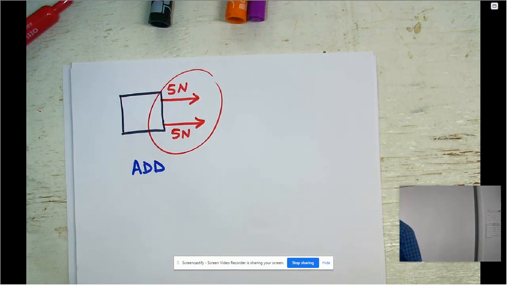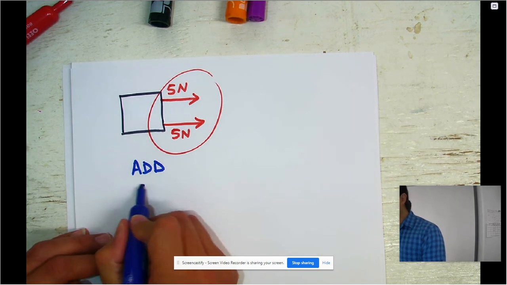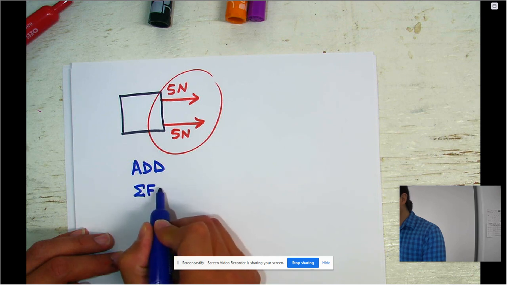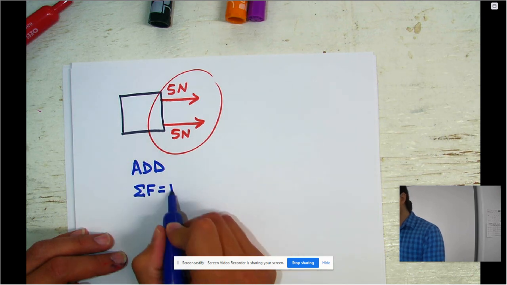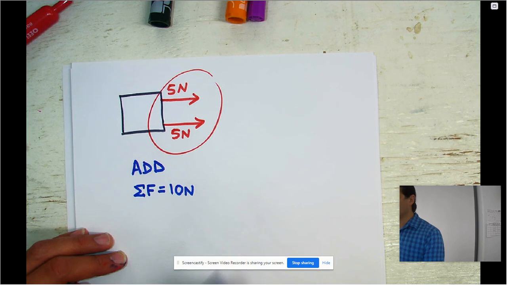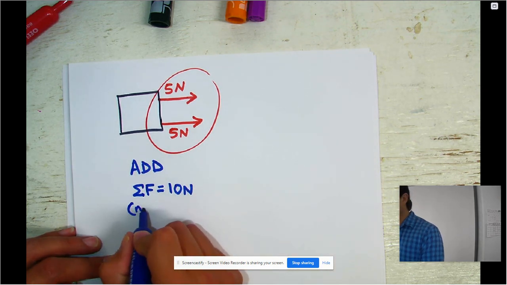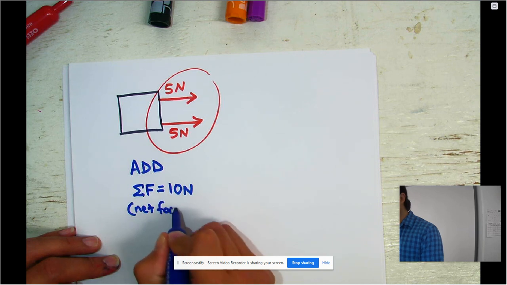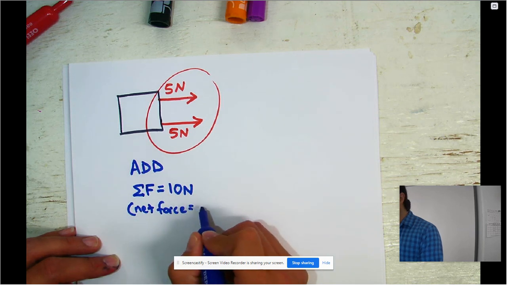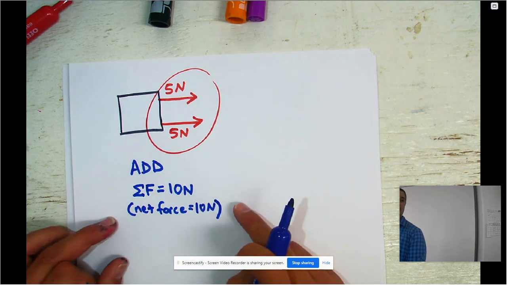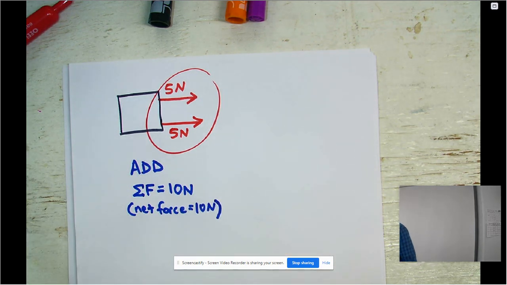So if we add these together, the sum, sigma here, the sum of all of the forces is equal to 10 newtons. Or another way to say it is the net force is equal to 10 newtons. So the sum of all your forces, or the net force, is equal to 10 newtons.